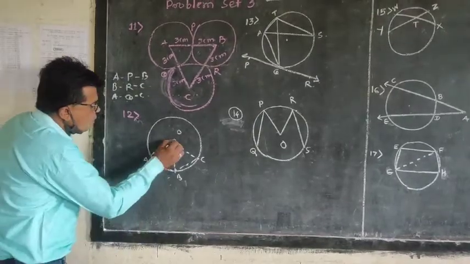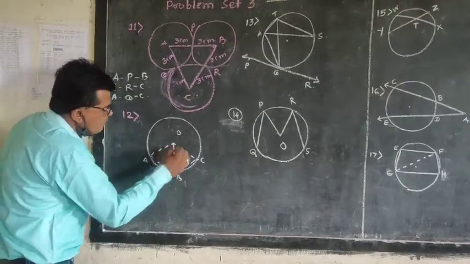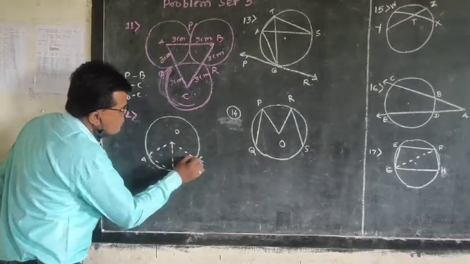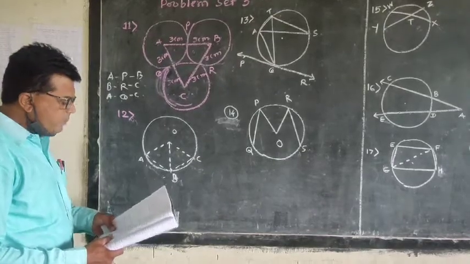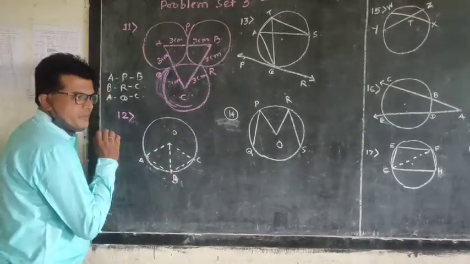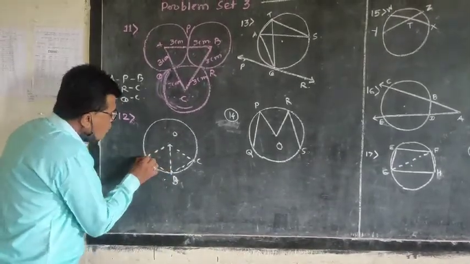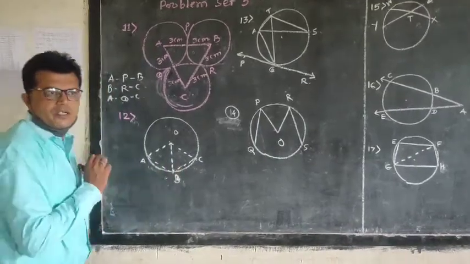Construction: draw segment OA, segment OB and segment OC. A, B, C lie on the circle. Then OA is congruent to OB, the radius of this circle.